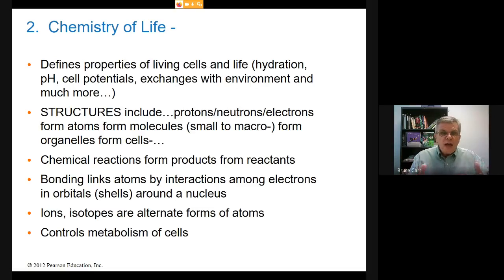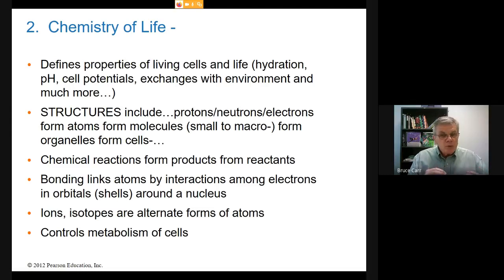So this chapter is a review chapter that we're going to do in a very structured way. We're going to define the properties of living cells and of life. We are going to talk about pH, cell potentials, exchanges with the environment, and much more.